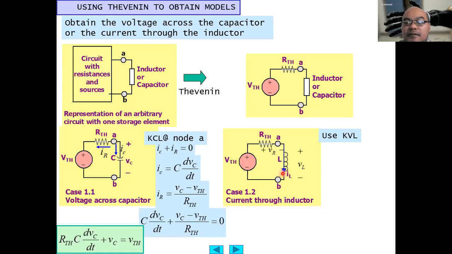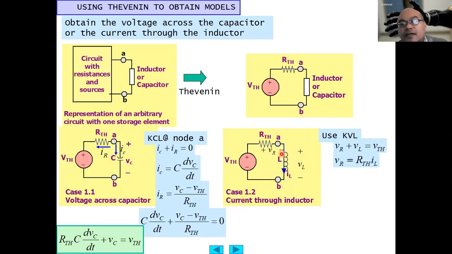In the inductor case, we use KVL: VTH plus VR plus VL equals 0, or VR plus VL equals VTH.